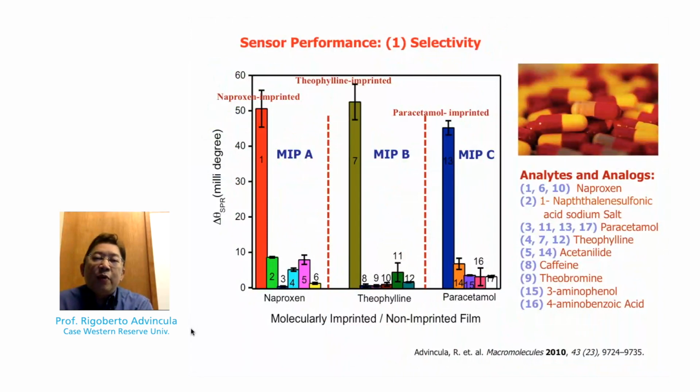With this method, we were able to develop a film or coating that specifically senses drugs that are introduced based on the original template, having higher sensitivity and selectivity because they were the original template, compared to the analogs or other molecules that were not templated.